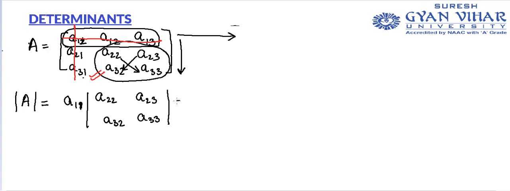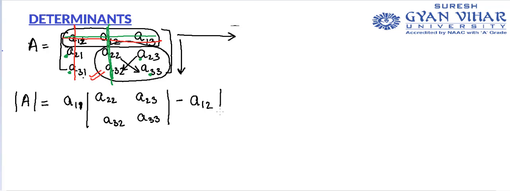Now next, you put a negative here. Now you will take A12. For A12, I am representing it with green color. This is the row and this is the column. So you are going to hide these two elements and the remaining will form your square matrix.